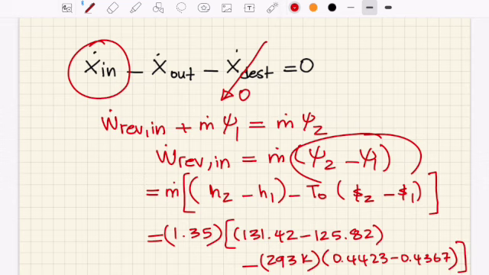Therefore, the reversible power input is 5.362. So if there are no irreversibilities, if it's a perfect device, then we should have a power input of 5.362. That is the reversible, but the actual input is different, and the difference comes from the destroyed exergy.